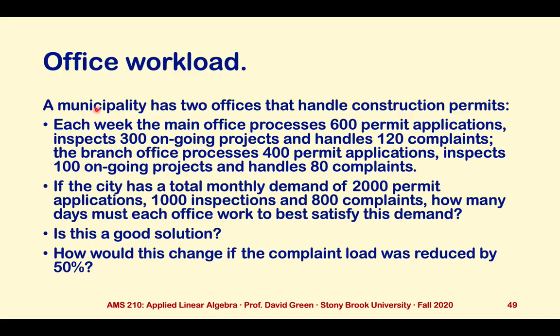A municipality, a city, has 2 offices handling construction permits, and every week the main office is able to process 600 applications, 300 inspections, and 120 complaints, while the branch office can handle 400 permit applications, 100 inspections, and 80 complaints.